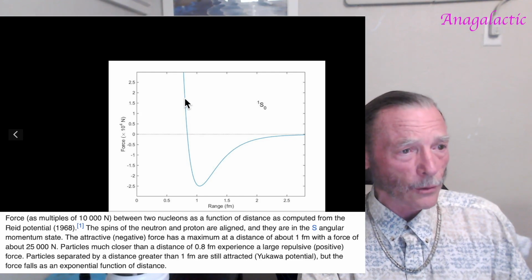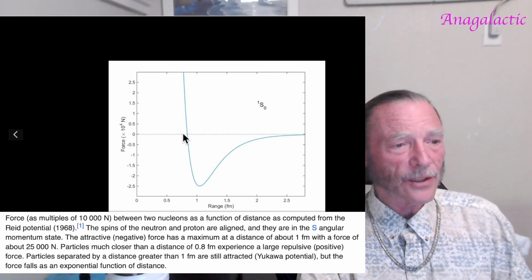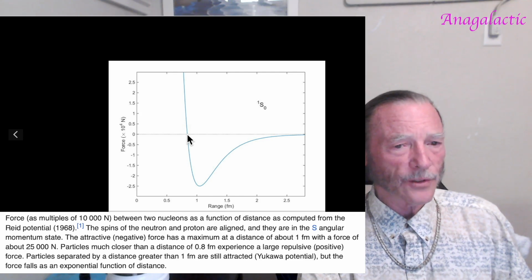So it's going to slow down and stop about here, and then it's going to start to go backwards because of the repulsive force. And when it crosses this line again, it will feel attractive force. So it's going to oscillate and stop right where the two lines meet.